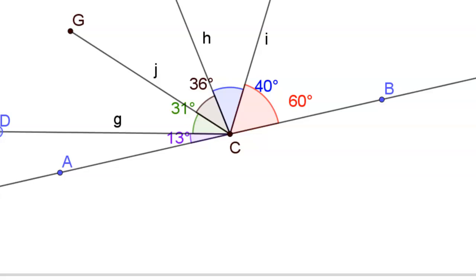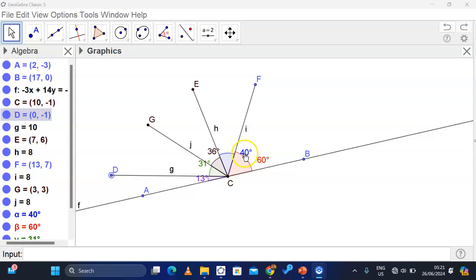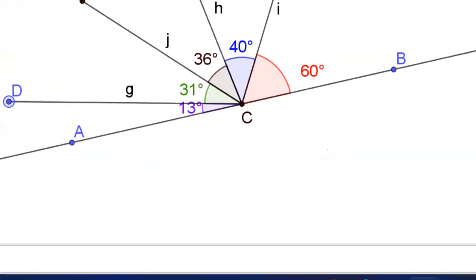Okay, this angle should be 40 here. Now sum all these angles, and you realize that when you add 60 plus 40 it will give you 100, 136, 167, then 180. So you always get 180 when they are on the same straight line.